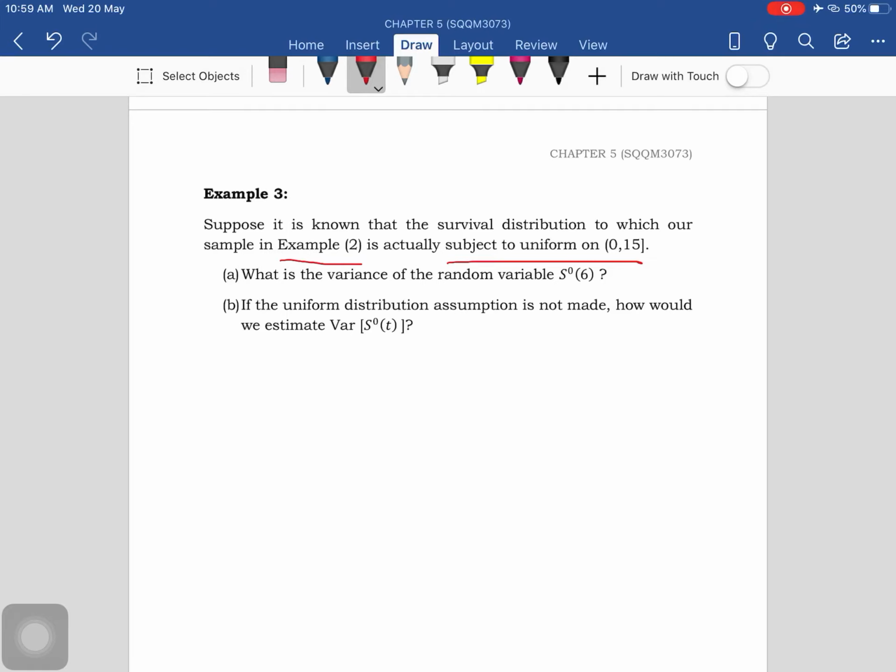Remember the uniform distribution? The uniform distribution has 2 parameters, A and B. In a survival distribution, we call B omega, since this is the maximum age, and this is the minimum age.